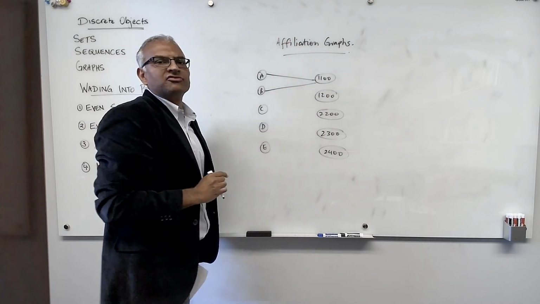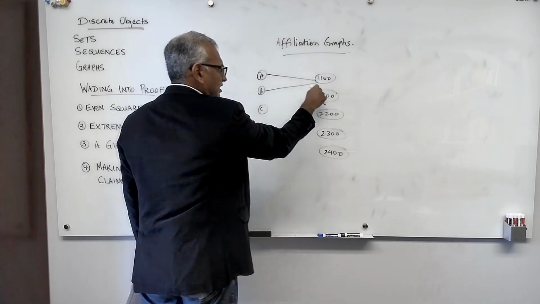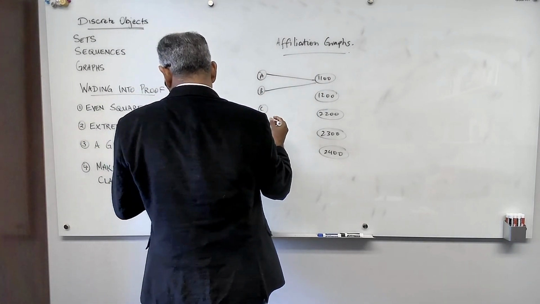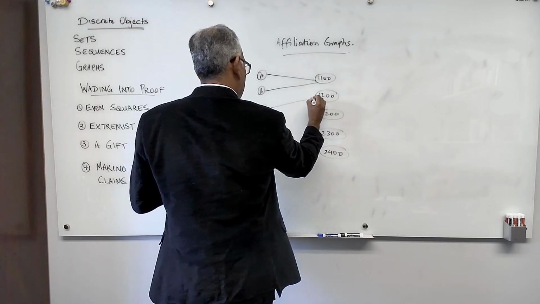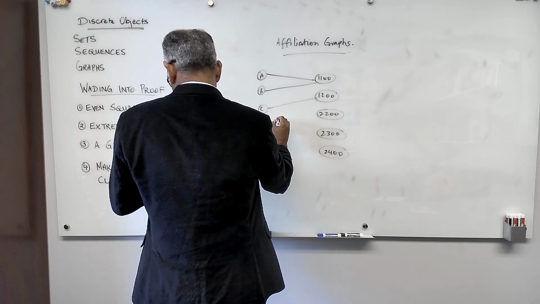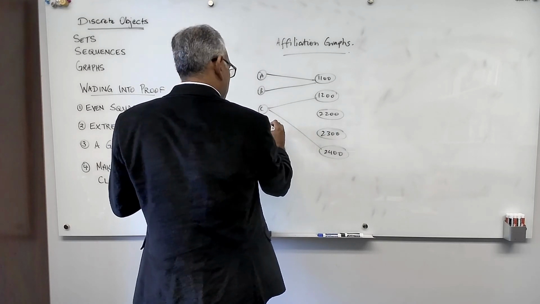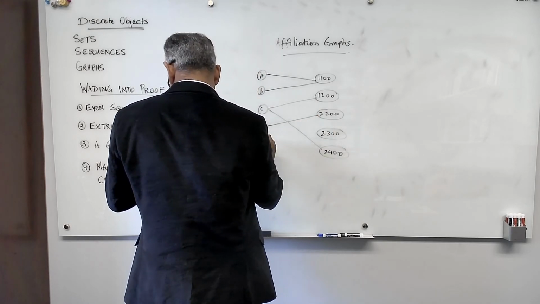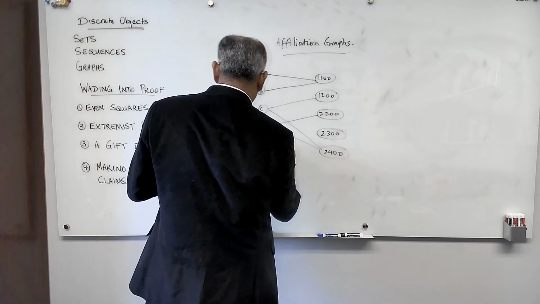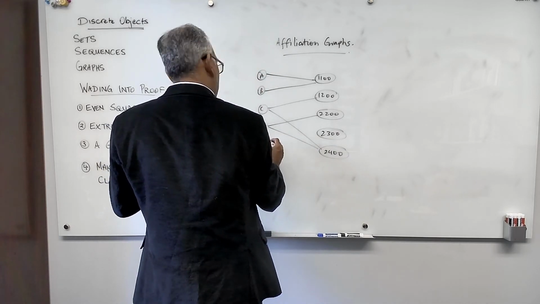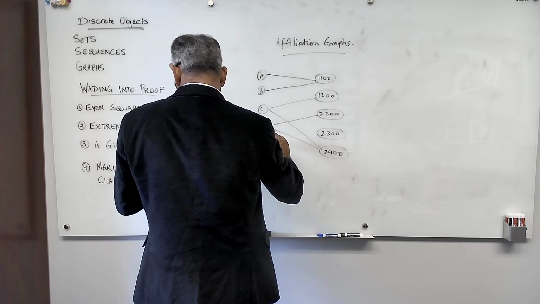That's why it's called an affiliation graph. And similarly we can say that C is taking 1200 and 2400, and D is taking 2200 and 2400. E is taking 1200 and 2200.